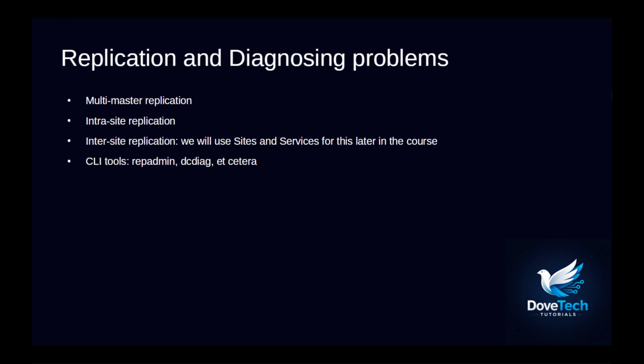Let's talk quickly about diagnostic tools when things don't work. The key tool for checking replication health is repadmin. We'll use it at the end of this episode to verify that DC01 and DC02 are replicating correctly.